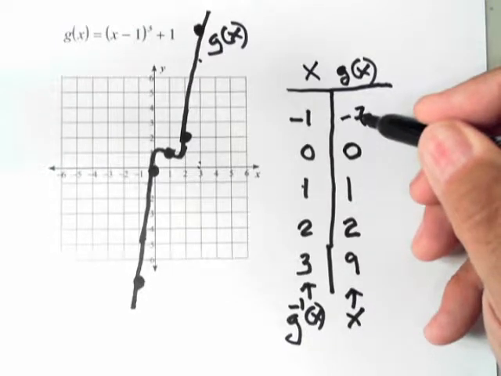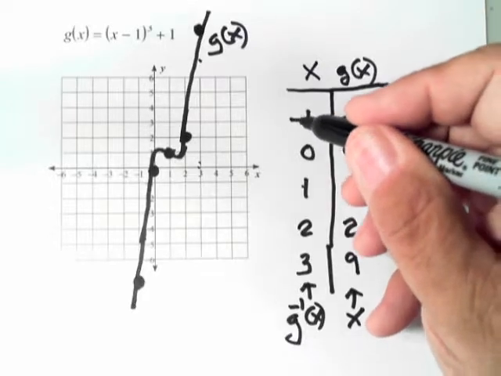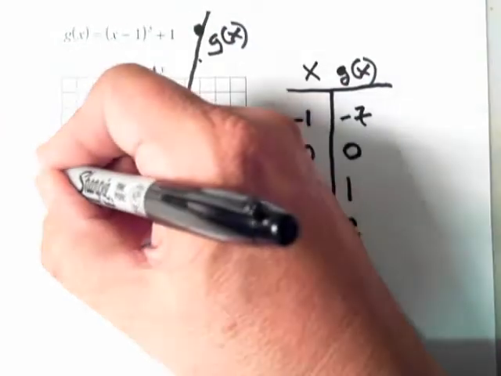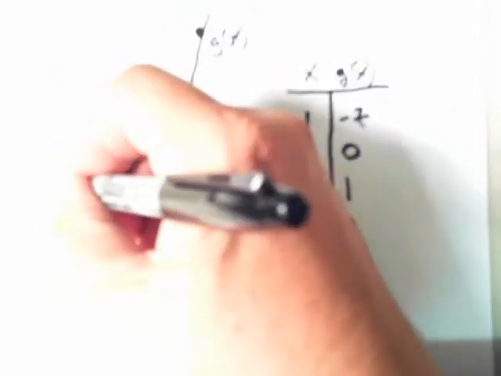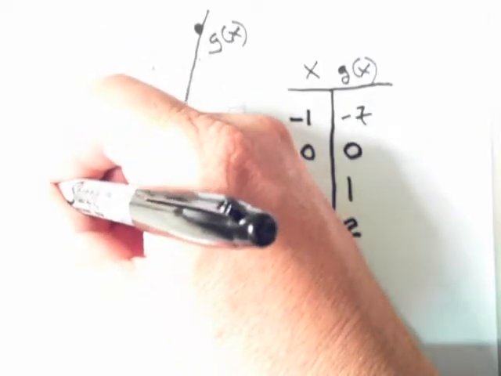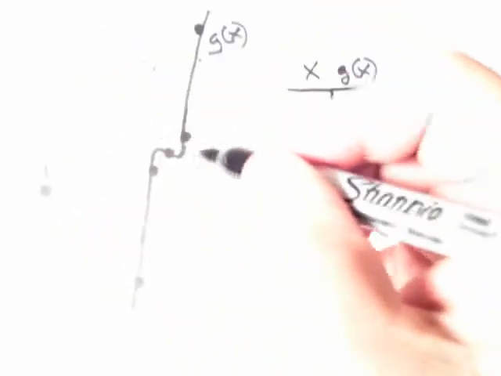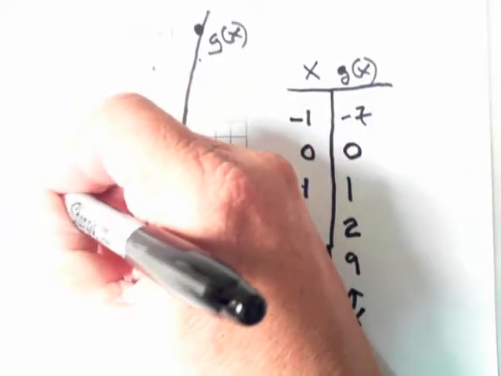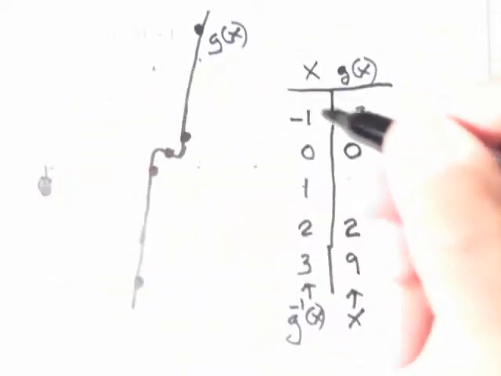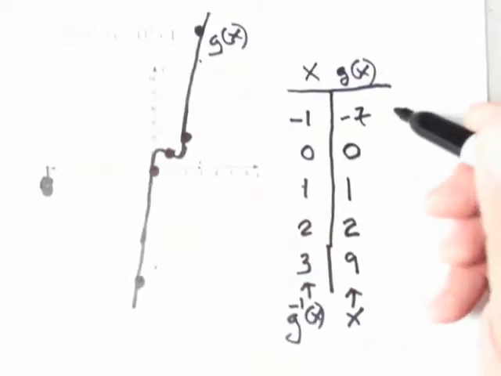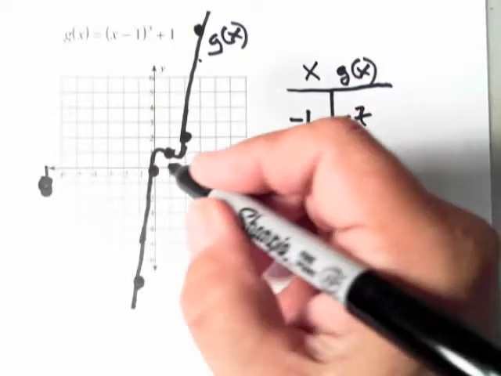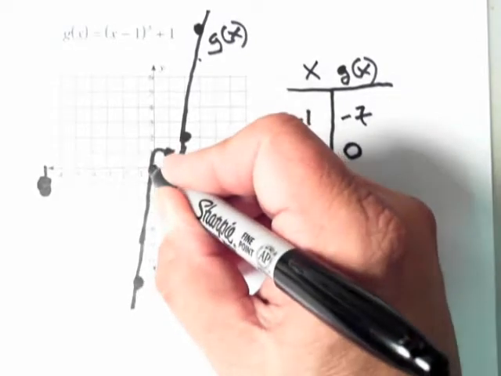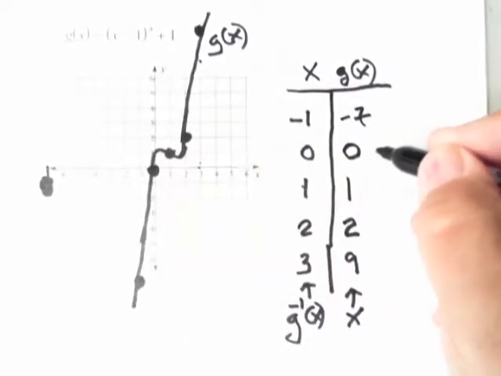Well, negative 7 for x is going to be over here. Y equals negative 1 looks like it's right about there. Let's see, negative 1. I'm a little bit low. About there, okay. Now, 0, 0, well, that's easy.